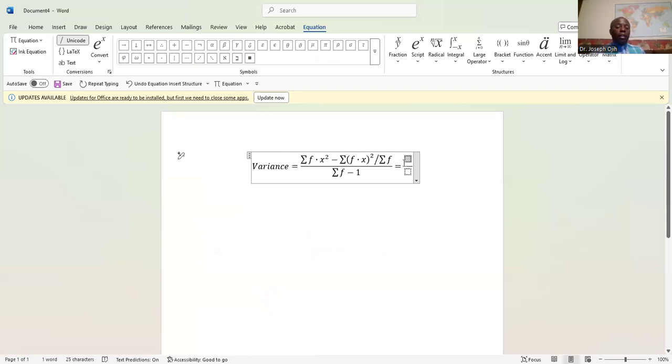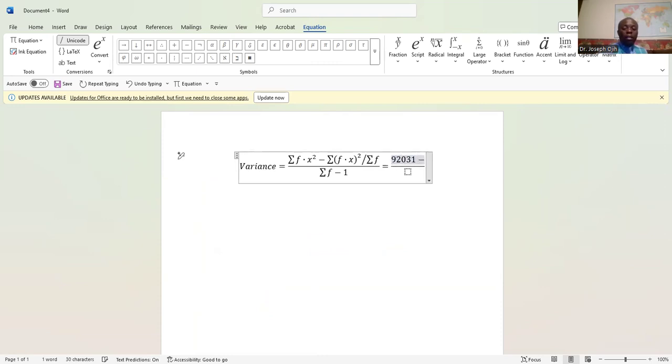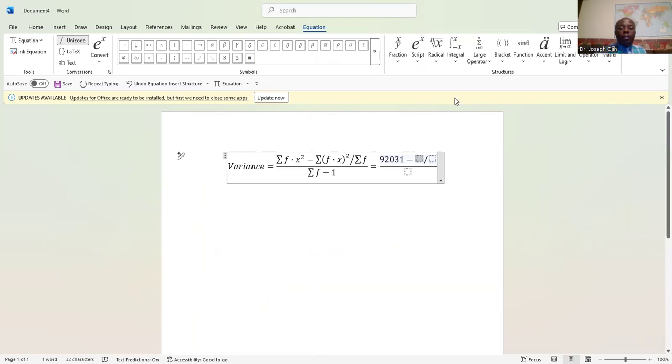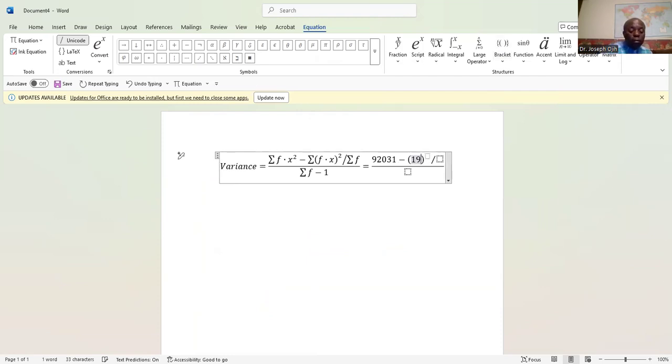So you have the sum of f times x squared, which I wrote down as 92031. And the sum of f times x is 1929, squared, over the sum of f, which is 45, divided by 45 minus 1.